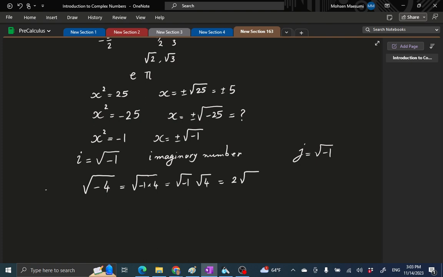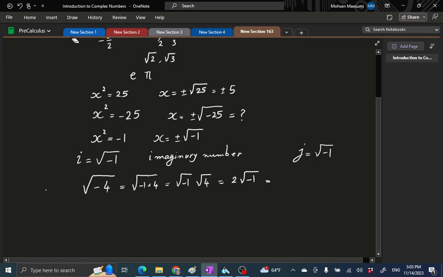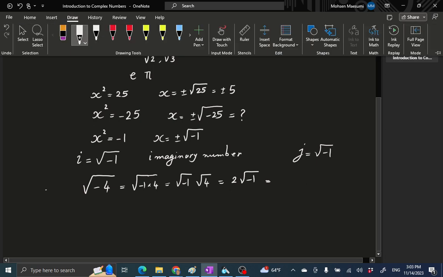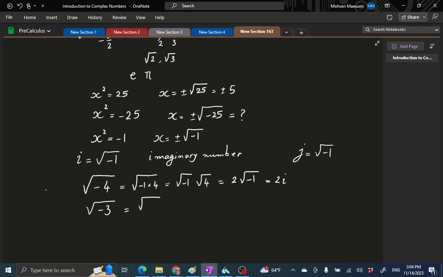And I can write it as 2 square root of minus 1, and we can write it as 2j or 2i, excuse me, let me just write i, and when you get to your engineering class, just practice calling it maybe j. Sometimes this might not come from under the radical, but that is i radical 3, or if you wish radical 3 i, either way.